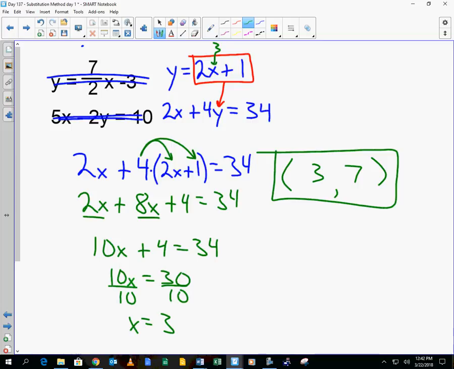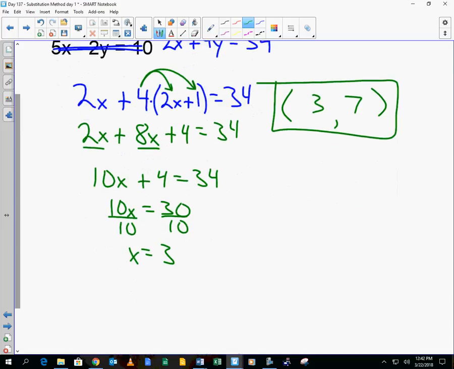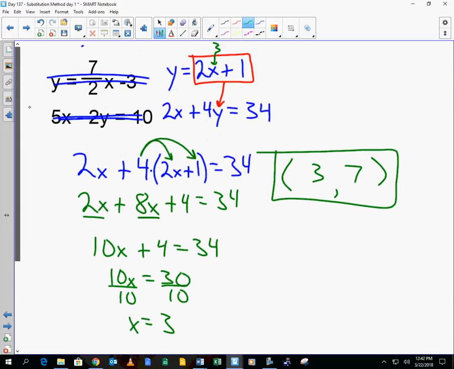Okay. Now, we did find y. So Shadir has an excellent question. But my variable, okay, look at what we have. We have y equals this. So that means I'm getting rid of the y, and I'm going to use x's instead. So now I have x's all the way through. I come up with x, which is right here, and I plug it back in to get my y.